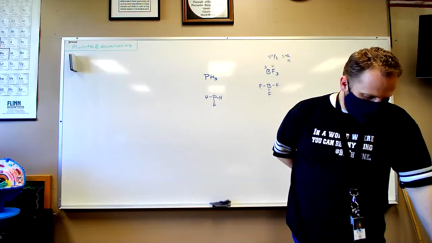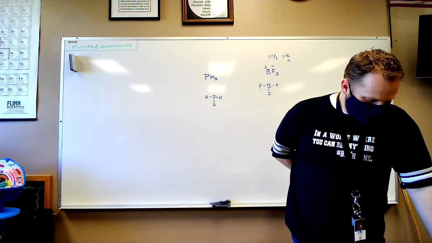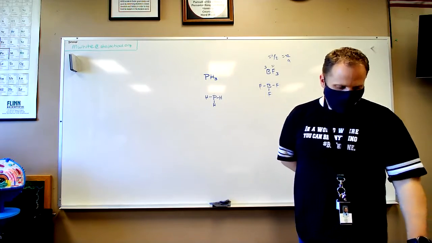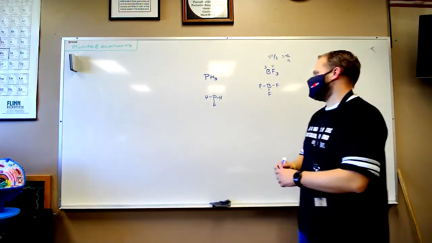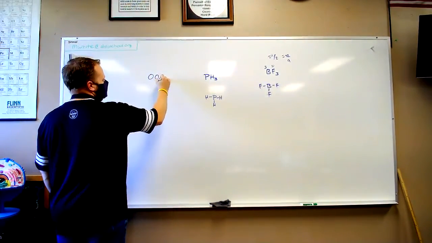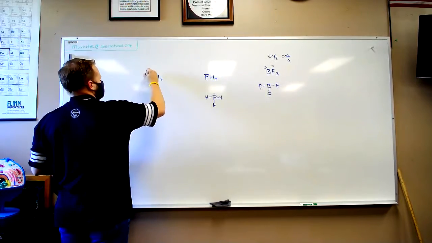Let's try, now let's just do the next one. OCl2. So oxygen, we look, has 6 electrons.